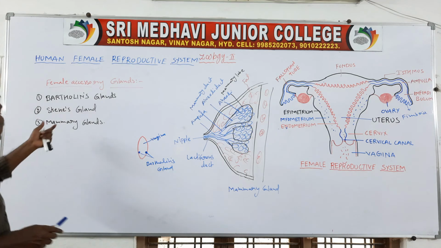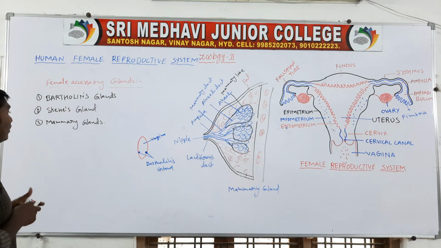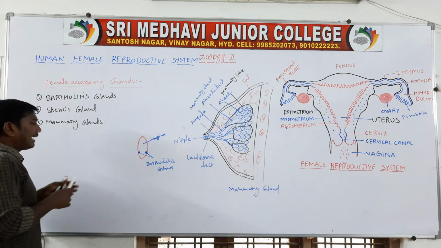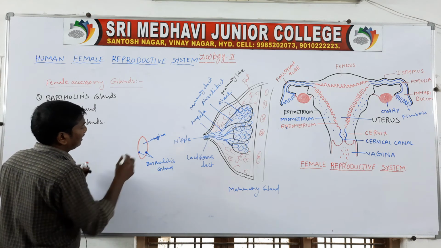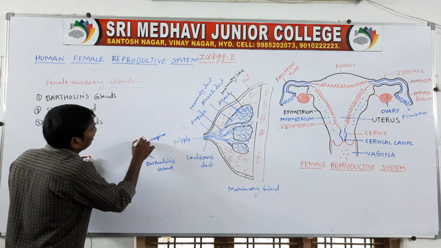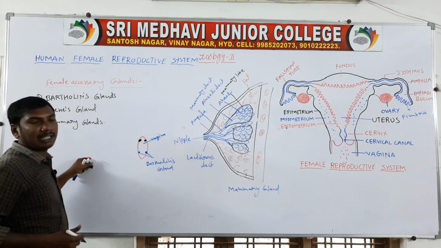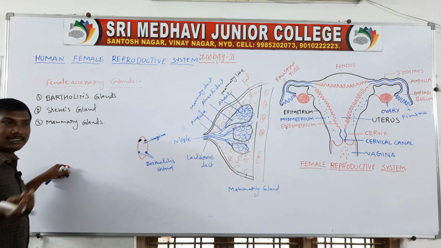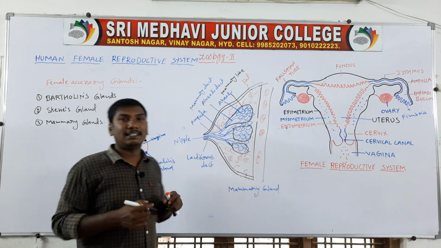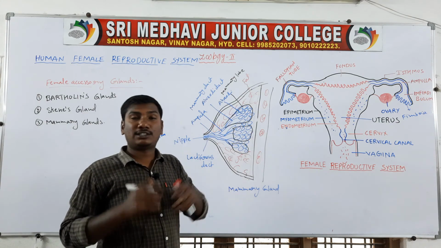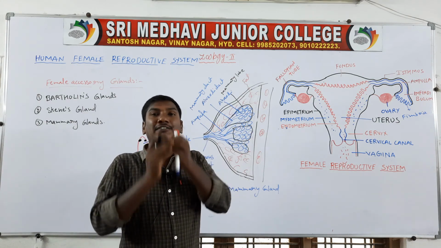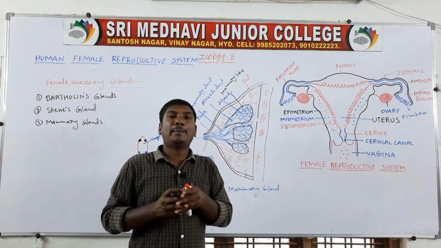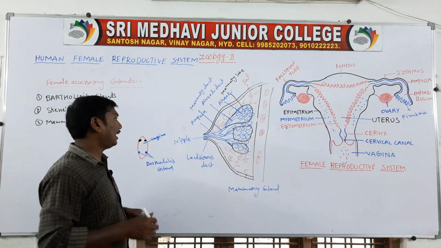Next, Skene's glands are present around the anterior side of the vagina. Their secretions also help with lubrication, allowing free movement during sexual participation.